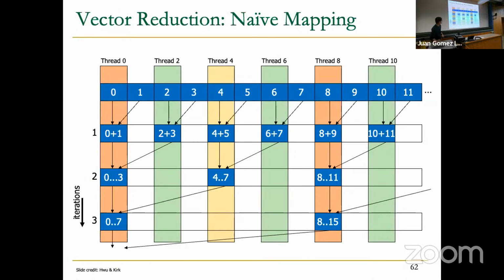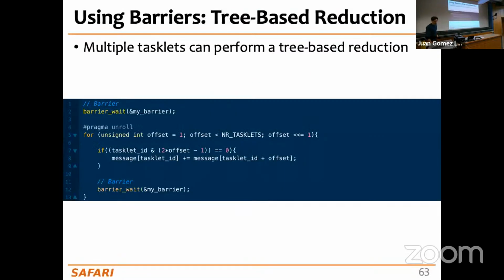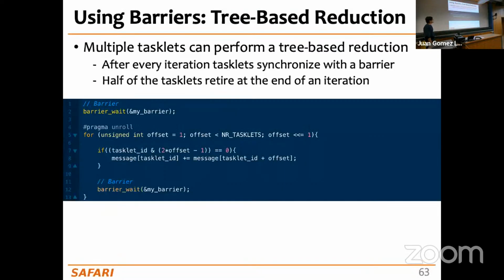Something easy to understand if you're here, right? This value is computed by thread 2. This value is computed by thread 0, but this value will be computed by thread 0. So thread 0 needs to know that thread 2 is done. That's why we need a barrier here. That's it, right? And that's a way of implementing a tree-based reduction.